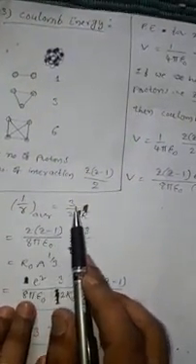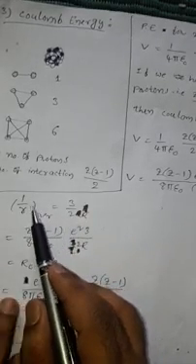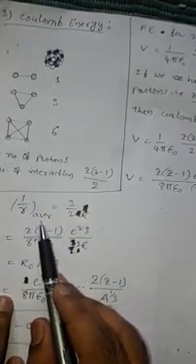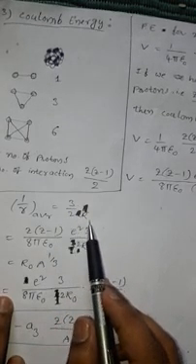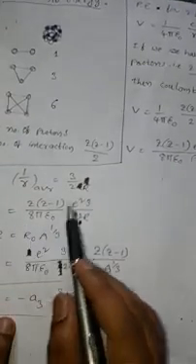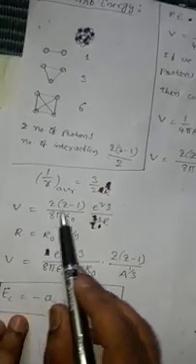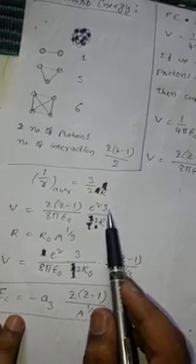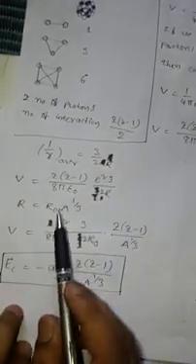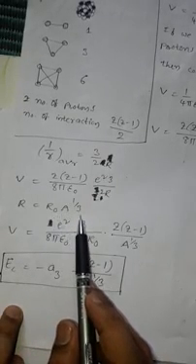If we find the R average value equal to 2R by 3, then 1 by R average will be 3 by 2R. So if we substitute this value in the above equation, we get V equal to Z into Z minus 1 by 8 pi epsilon naught E square 3 by 2R. But here we know R equal to R naught into A power 1 by 3.